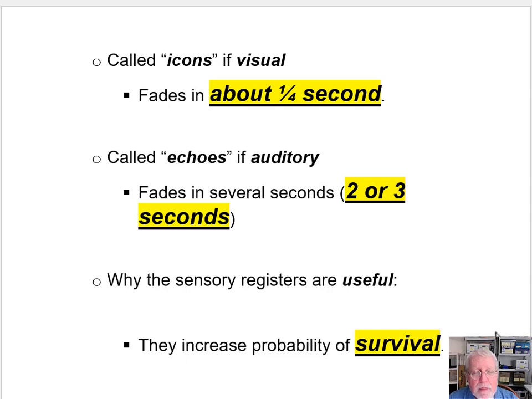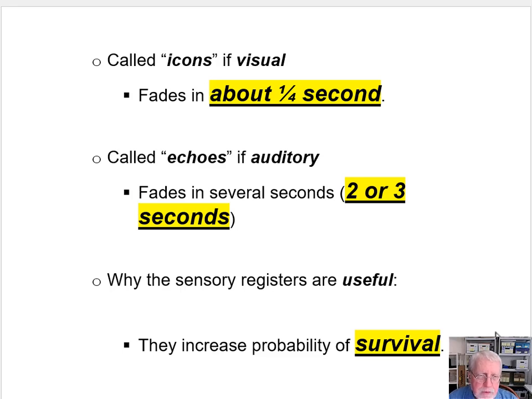Eons ago, there were some creatures that had sensory memory and some that did not. The ones that had sensory memory were more likely to live long enough to pass their genes into the next generation. And the consequence is, for us today, we have sensory memory because it served our ancestors so well.